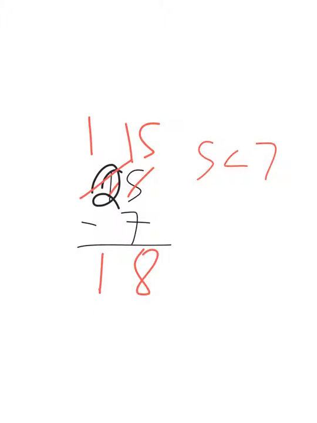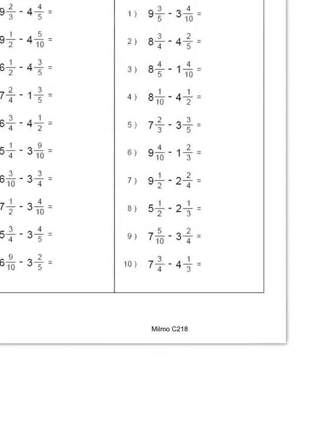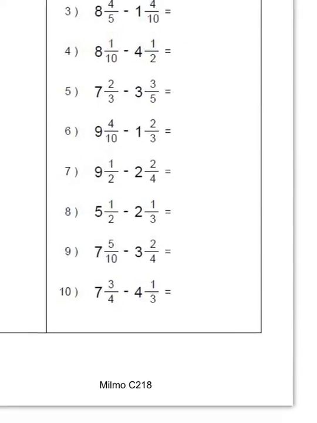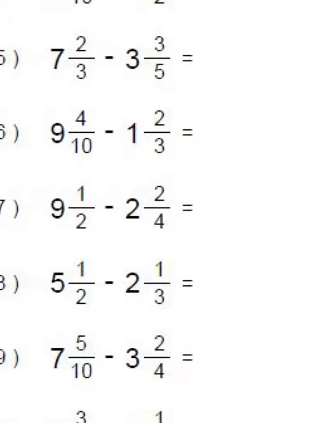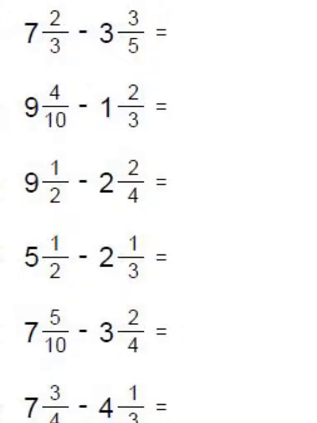Okay, so we're going to be doing the same thing now with what we know on fractions, okay? Do you see number 7, 9 and 1/2 minus 2 and 2/4? Do you see that one? Okay, so first of all, remember what I told you before, you need to go ahead and put it up and down.